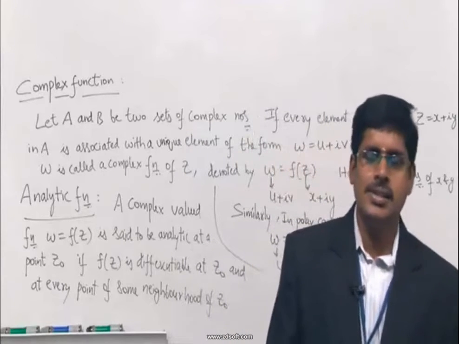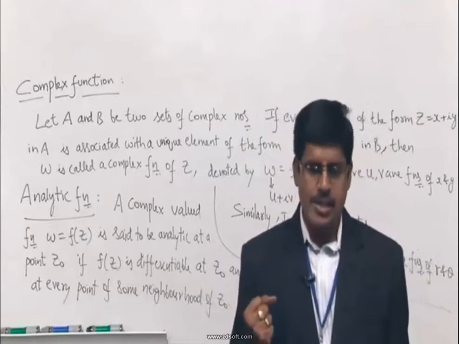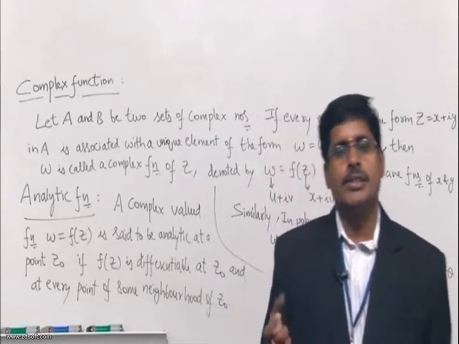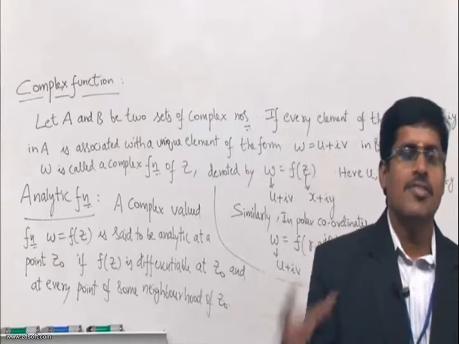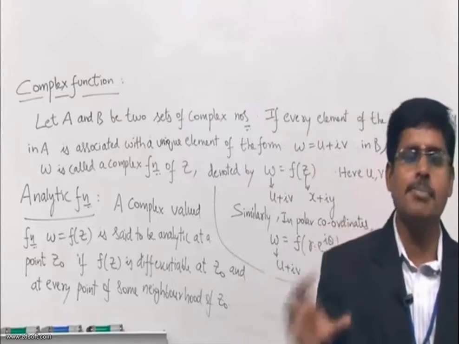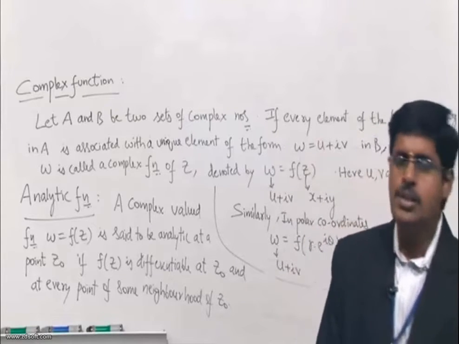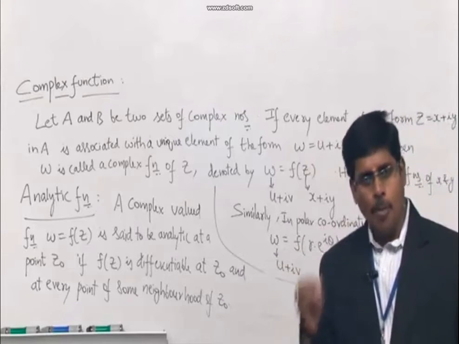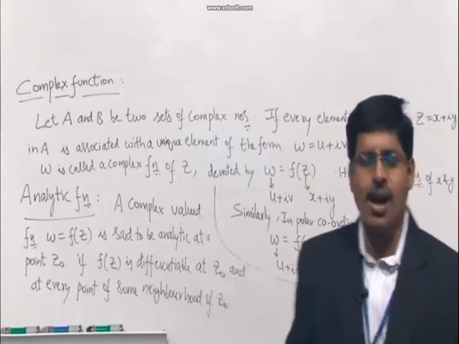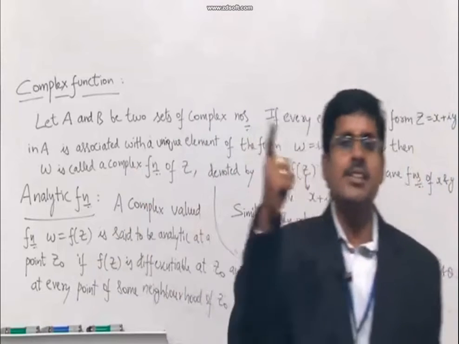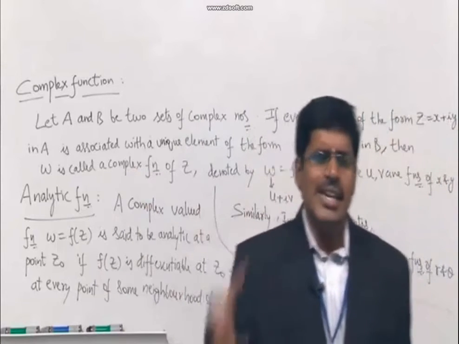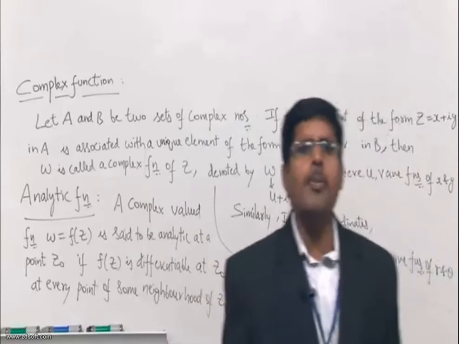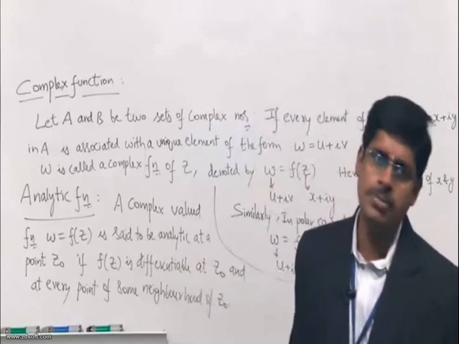That means the neighborhood of z0 is the set of all points inside a circle with center at z0 and radius some r or delta. Okay. So taking a point z0 as a center, there are so many circles formed with this center z0. Inside some circle, at every point, the function should be differentiable.